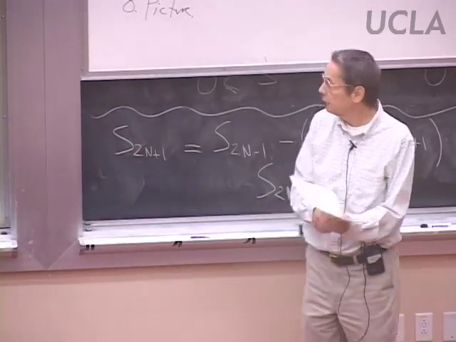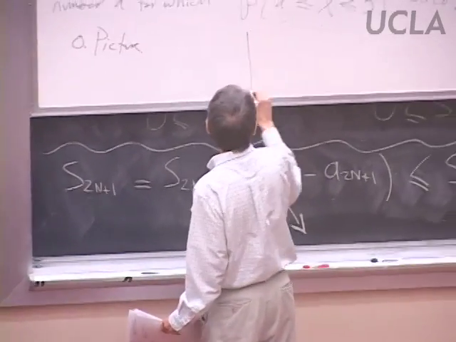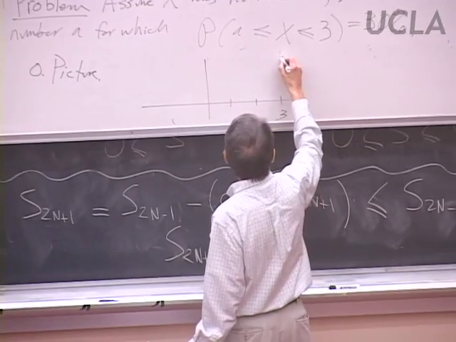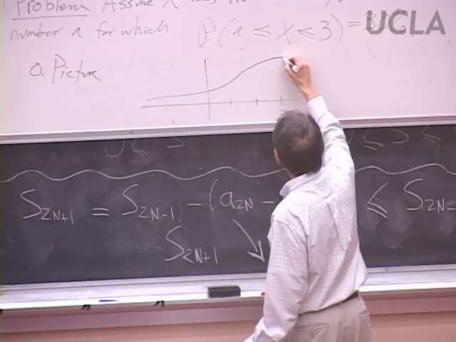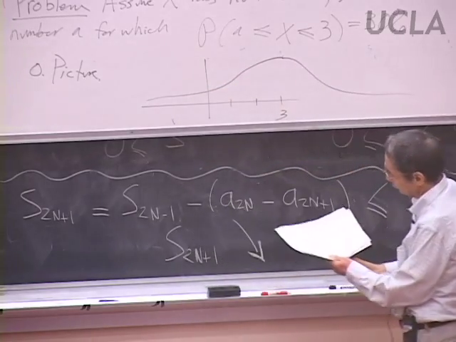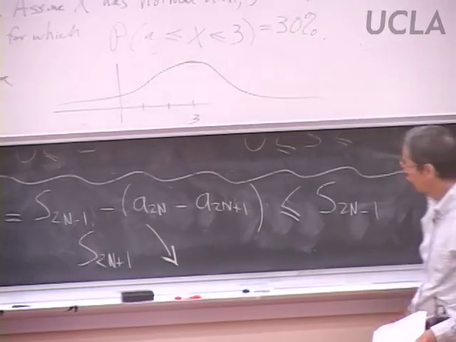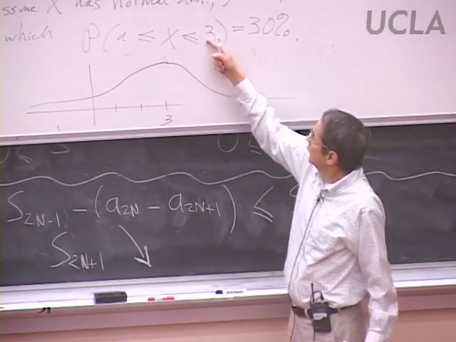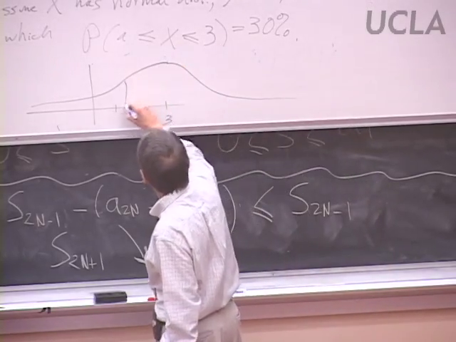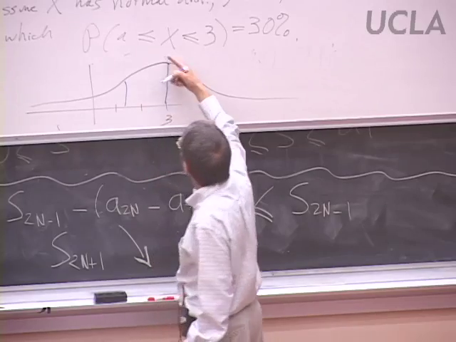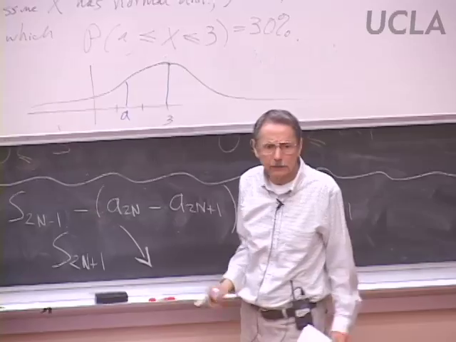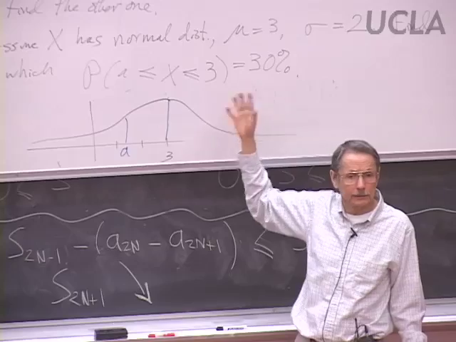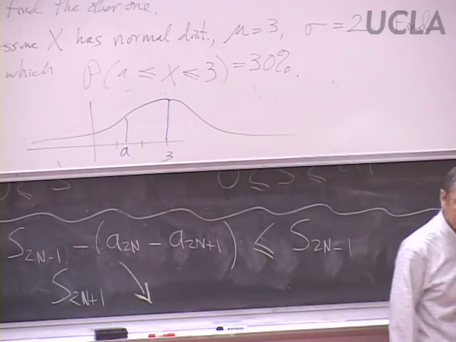Well, we know what the density for x looks like. Draw it again. And we're looking for a number A. We're not sure where it is in this picture, but something is 0.3, and we want to put in our picture what that something is.